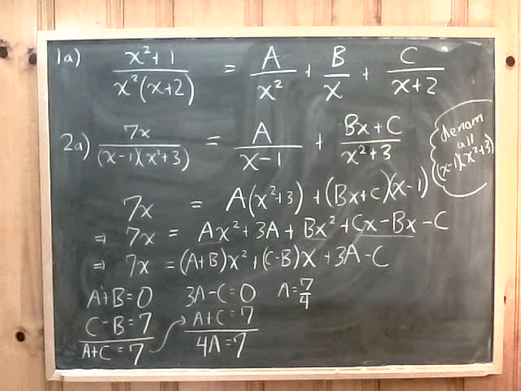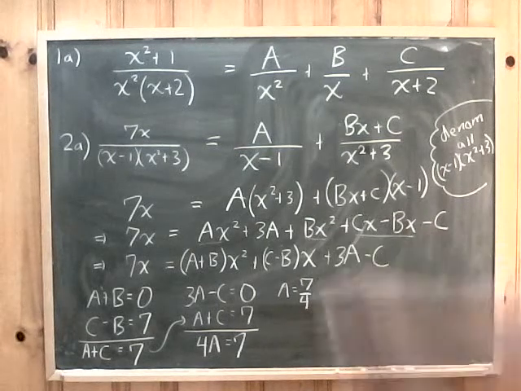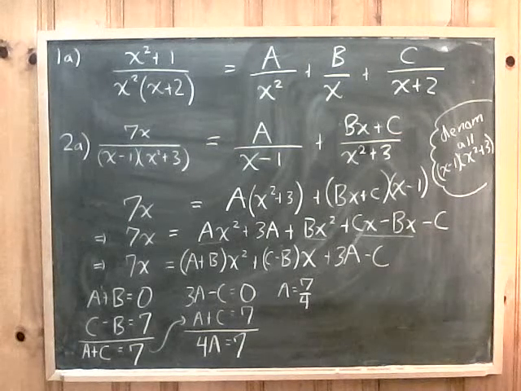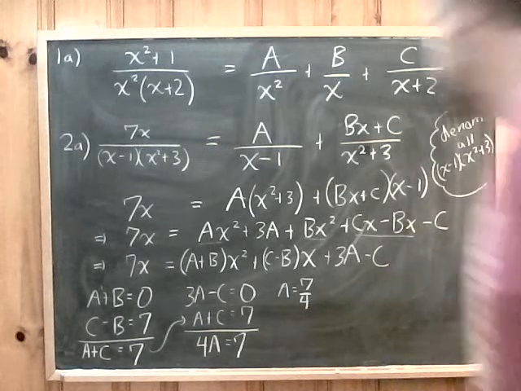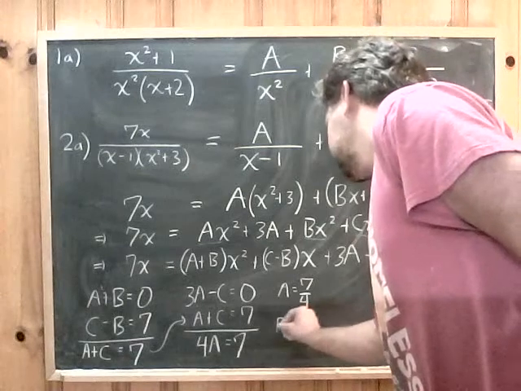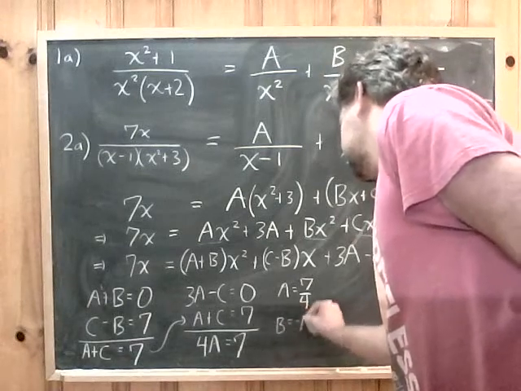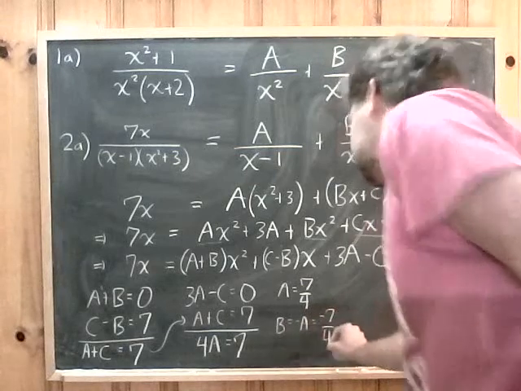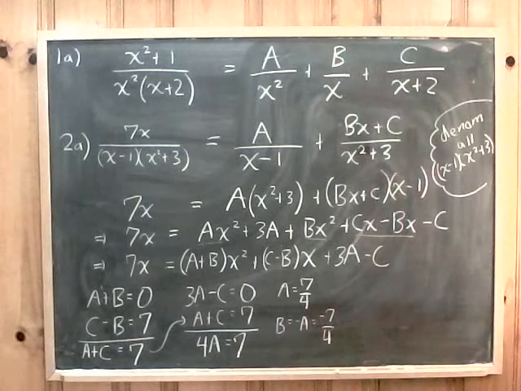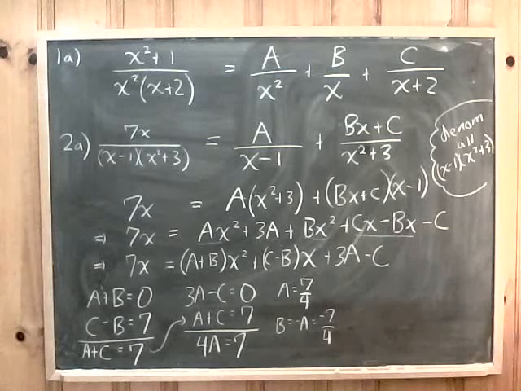And I should be able to find a few others pretty quickly. A plus b is equal to 0. So that means b has to be negative a. So negative 7/4. And c minus b equals 7.